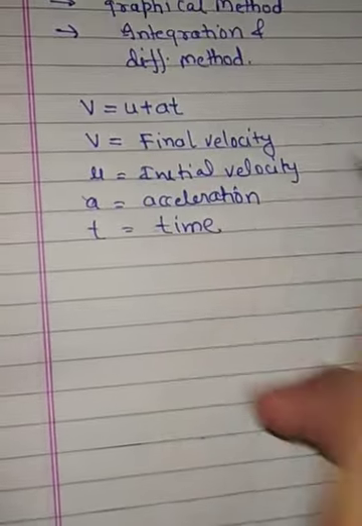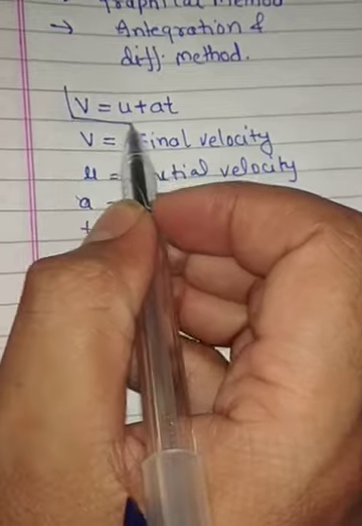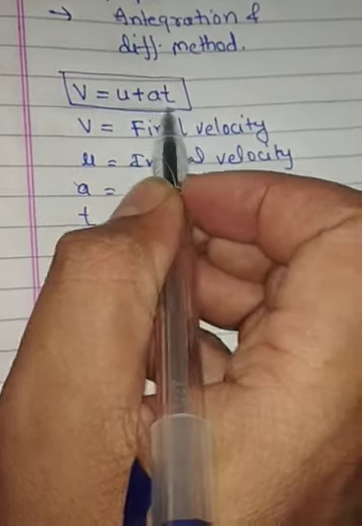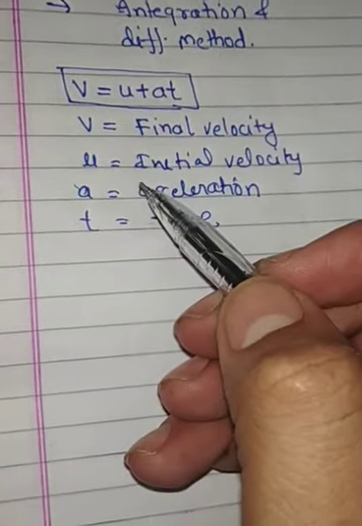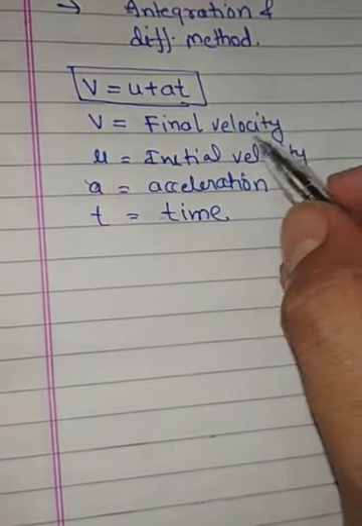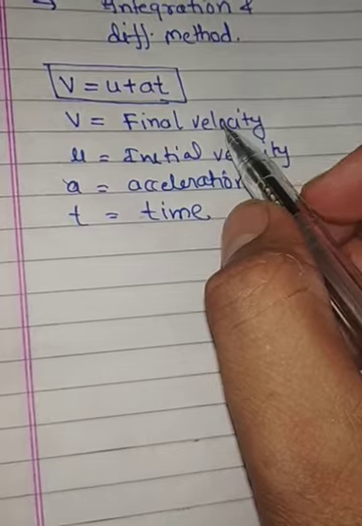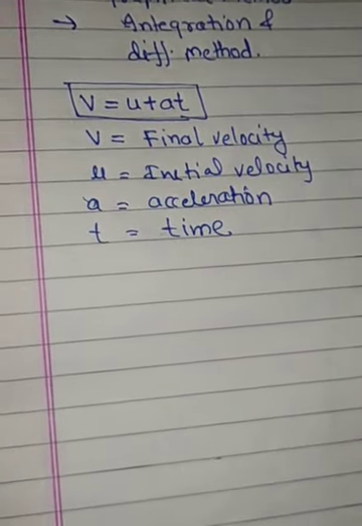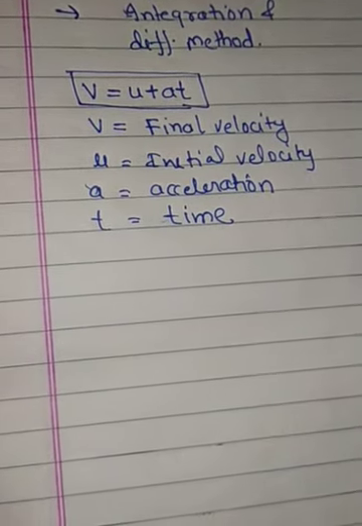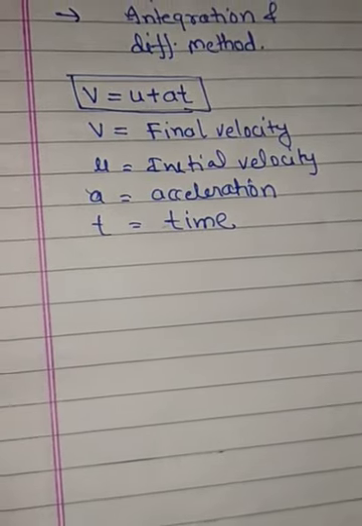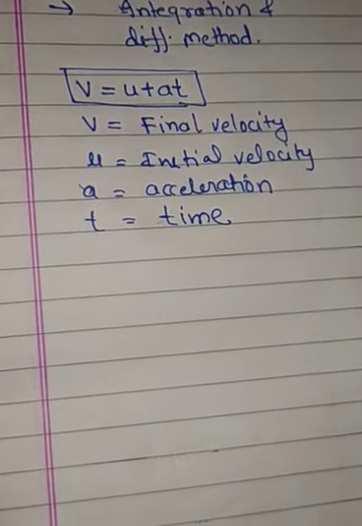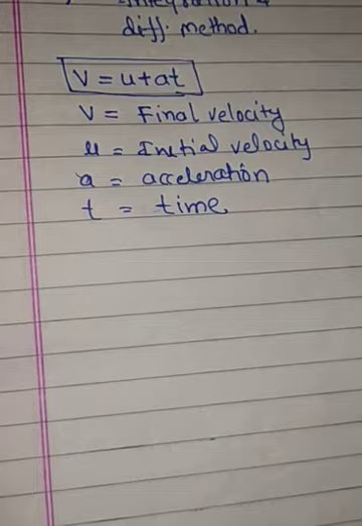Clear? So for getting the derivation of this equation we have to understand the concept of final velocity, initial velocity, acceleration and time. The final velocity is when the body stops, when the body reaches the final position. And the initial velocity is when the body starts from the first point.